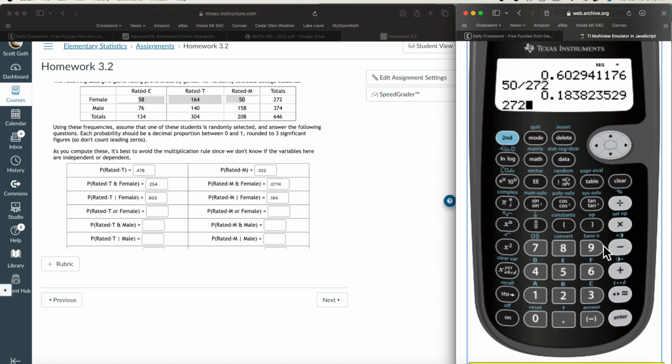So I'm going to have to toss in the 140. Okay, and so altogether that's 412 people, and it's out of the whole group, out of 646. So I'll just say divided by 646. That's 0.638, I guess I'll put in.